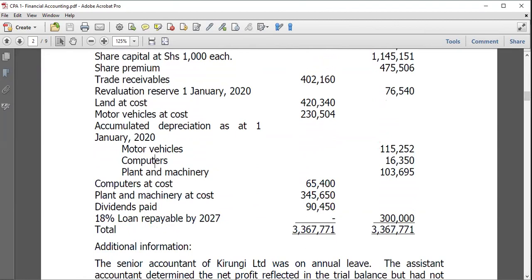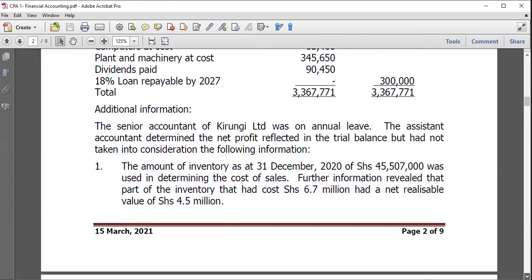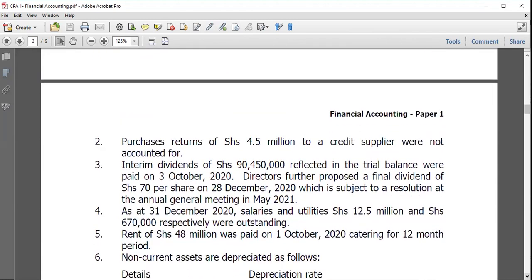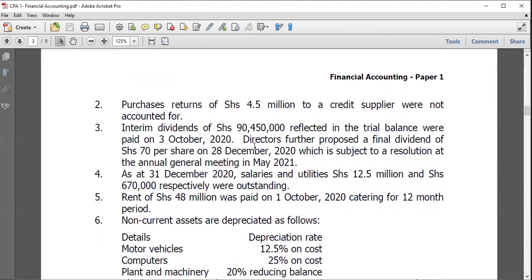So the next thing for me to think about is there another liability? Remember what I talked about when you come down here. Let's just look at the additional information and see if there's any liability that came through. Not that one, not that one. So we have these where they're telling us that salaries, utilities remained outstanding. Now these are liabilities, okay?